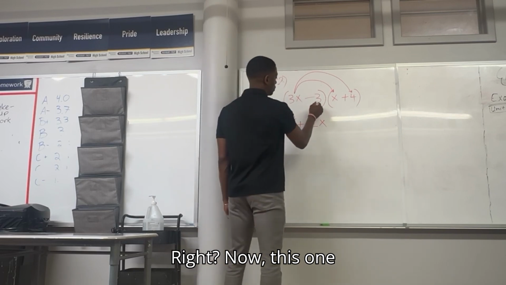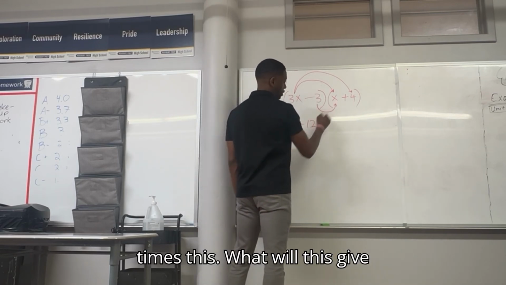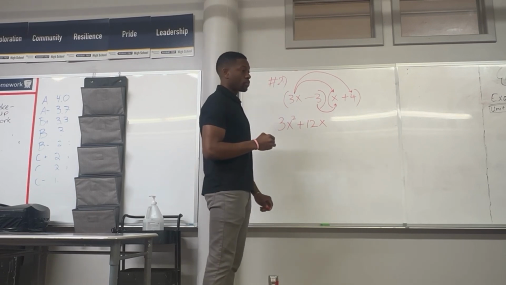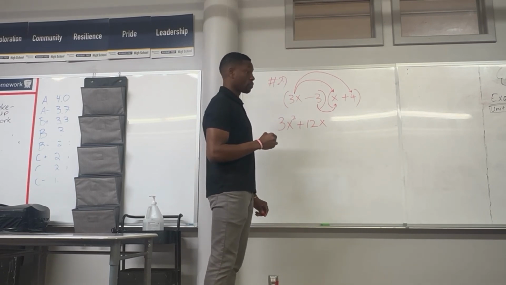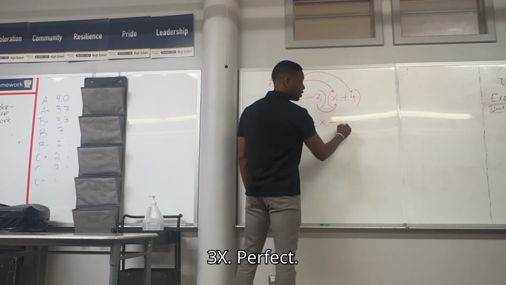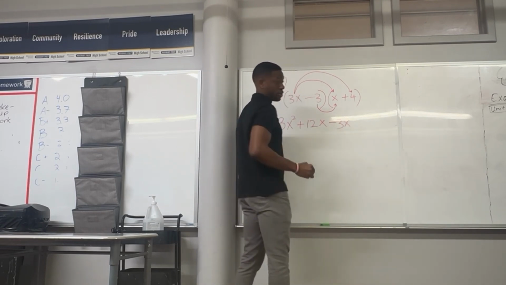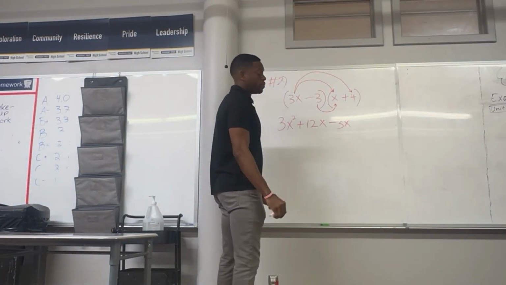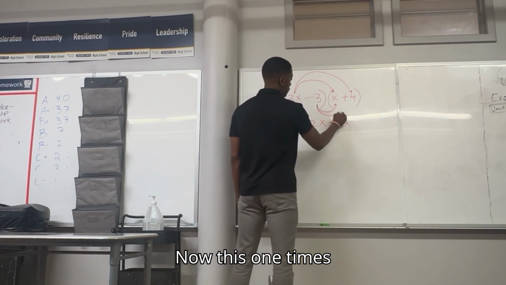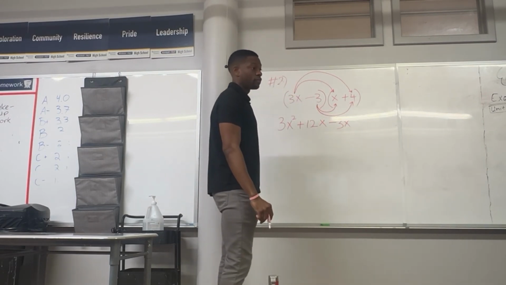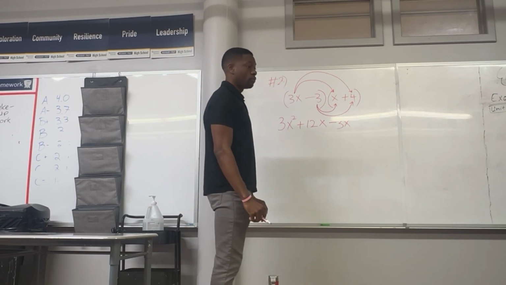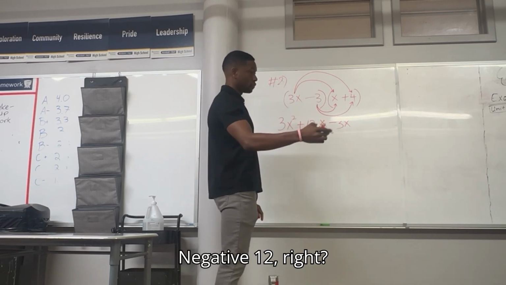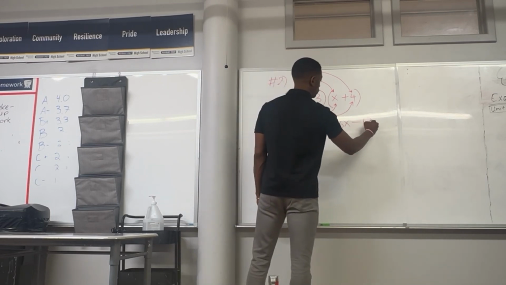Right? Now, this one times this. What does it give me? Negative 3x. Perfect. Now, this one times this. Negative 12, right? Negative 12.